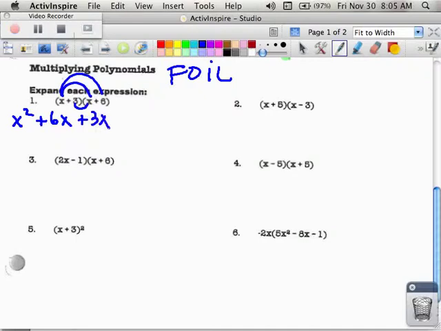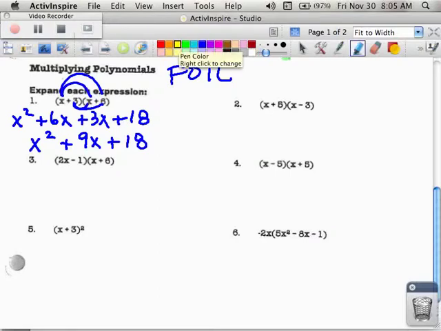And then I do the last terms, which is 3 times 6, which is positive 18. Of course, at that point in time, you're supposed to combine the like terms, which means all the things that are x's put together. So that's x squared plus 9x plus 18 as your final answer. Those like terms were the 6x and the 3x, and that turned out to be 9x.